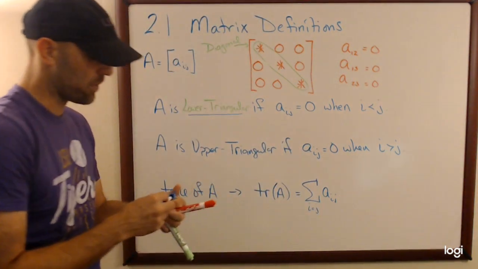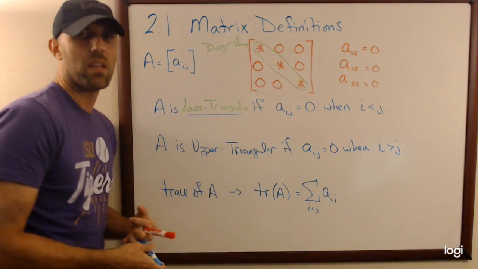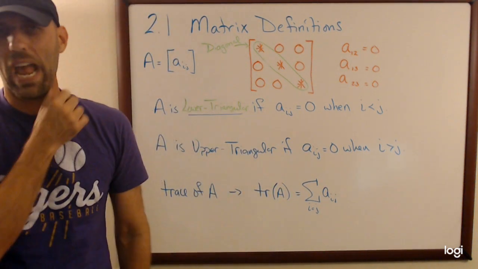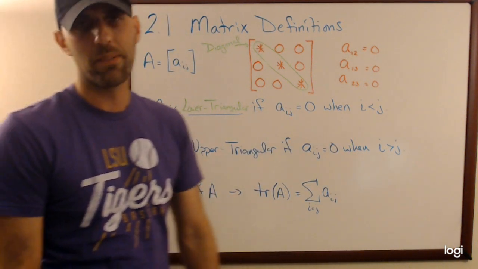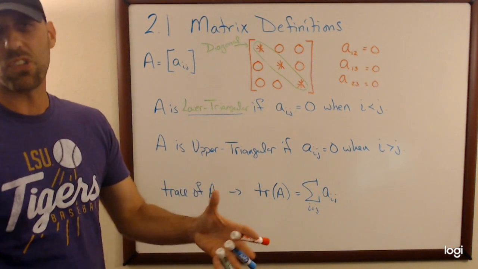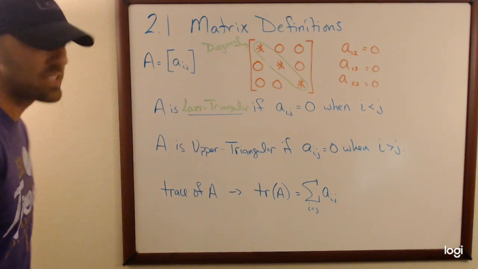So this is literally just the sum of all the diagonal values, okay? So if for some reason you wanted to look at your matrix and add up all the diagonal values, that gives you a number. That's called the trace of A, okay? Again, not going to come up very often, but it's in the definition section, so I figure why not. Okay. All right. So let's get to the first.